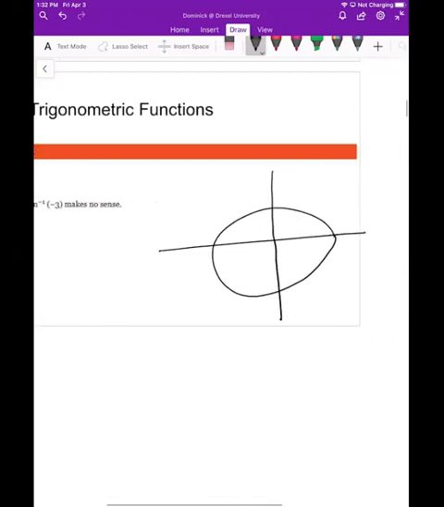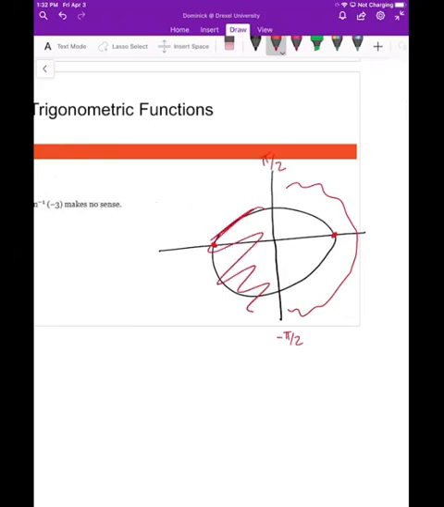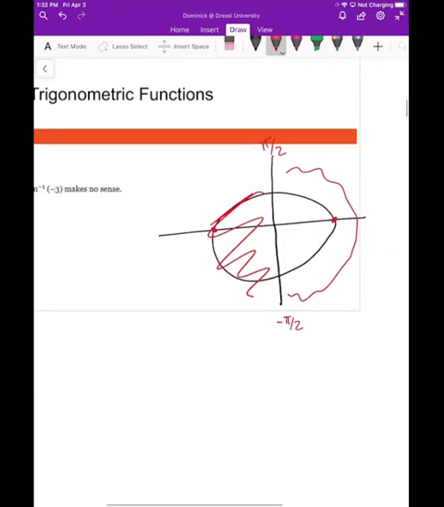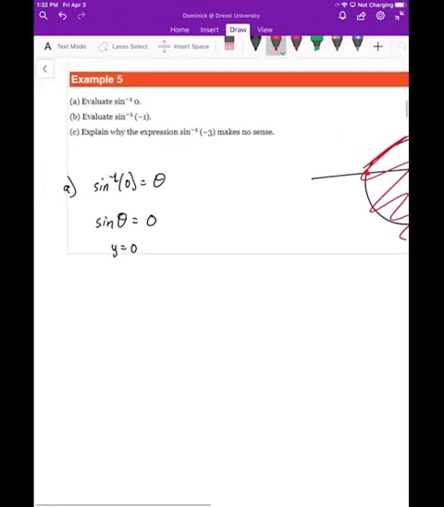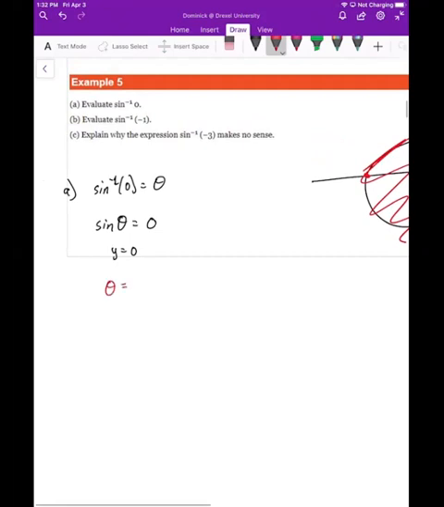Of course, that happens in two spots: a y value of 0 here and a y value of 0 here. But since we're looking at arcsine, I'm only concerned with this half of the unit circle, from negative pi over 2 to pi over 2. Let me forget this side. So this happens at an angle of theta equals 0.